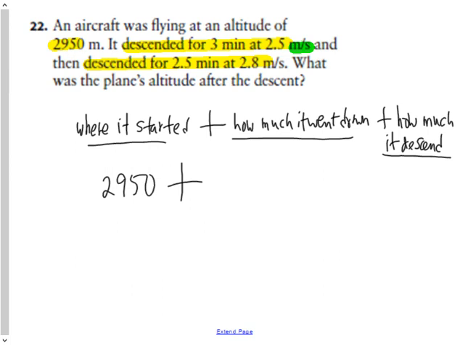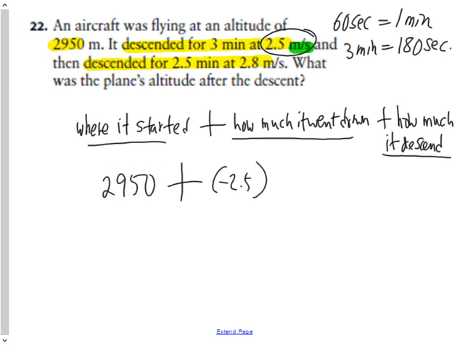So there are 60 seconds in 1 minute, then 3 minutes would be 180 seconds, okay? For 180 seconds, it's going to go down 2.5 meters every second.